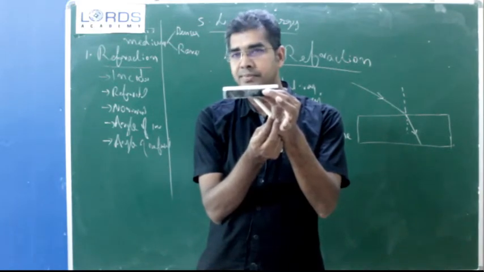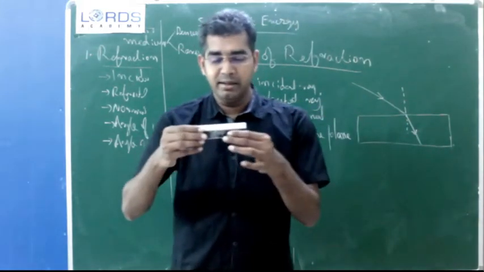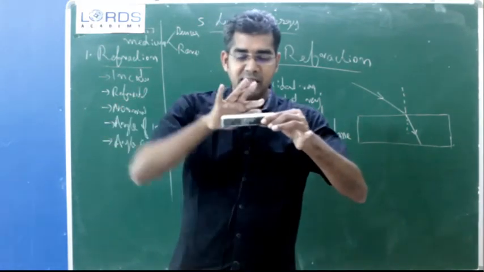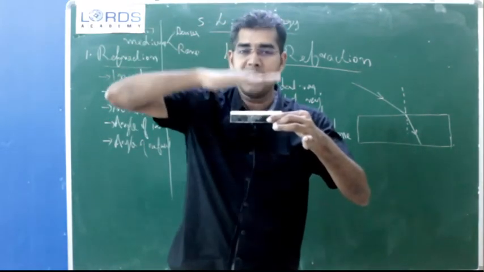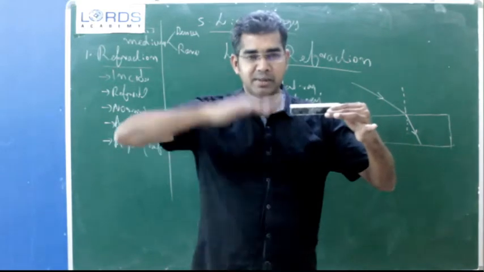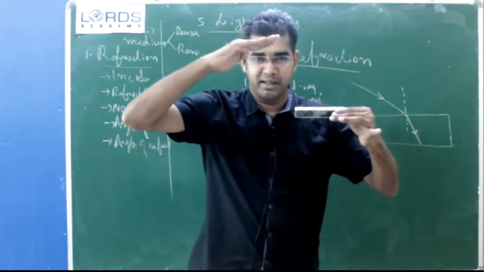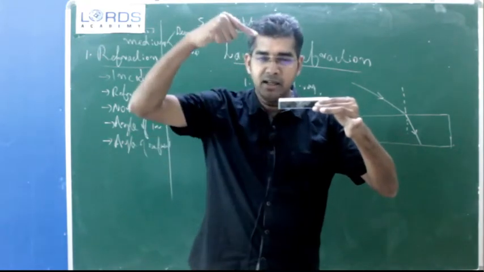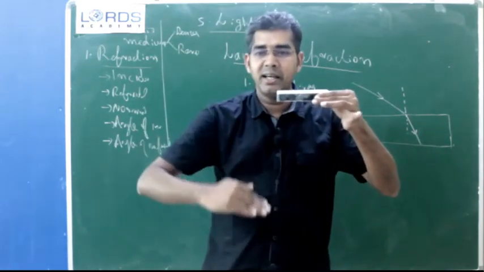The surface of this duster is a plane. Above and below is the same plane, because when I move my hand, it stays in the same plane. So the incident ray, normal and refracted ray are all in the same plane.